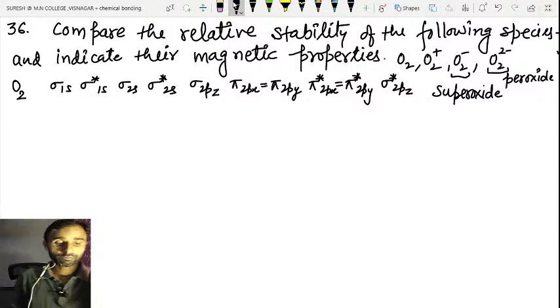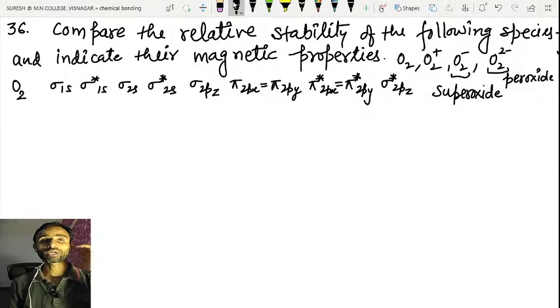Very good, Namita. This is the electronic configuration actually. Okay, we will write this electronic configuration.